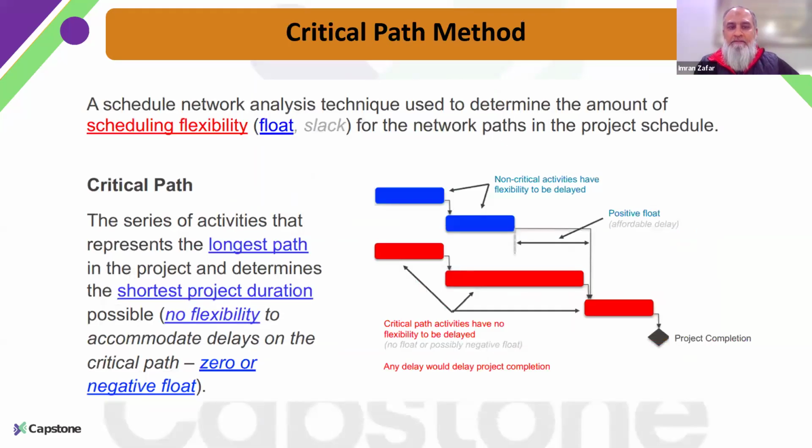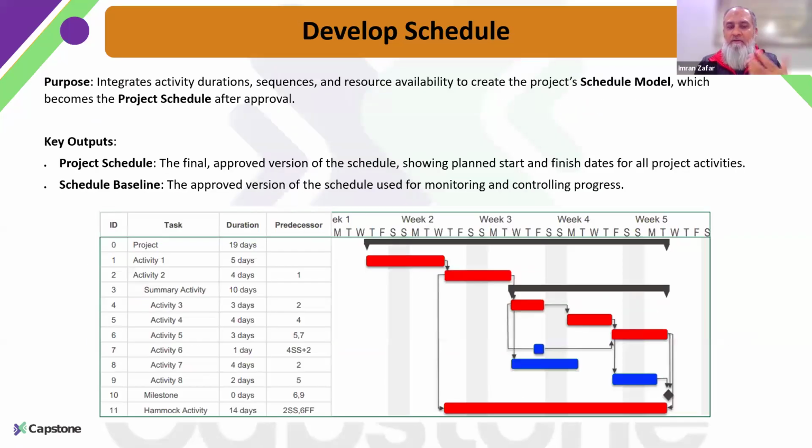And there is one important technique that we utilize when we are talking about a schedule. A schedule means that for the complete project, it has a start date and a finish date, the entire duration of the project.